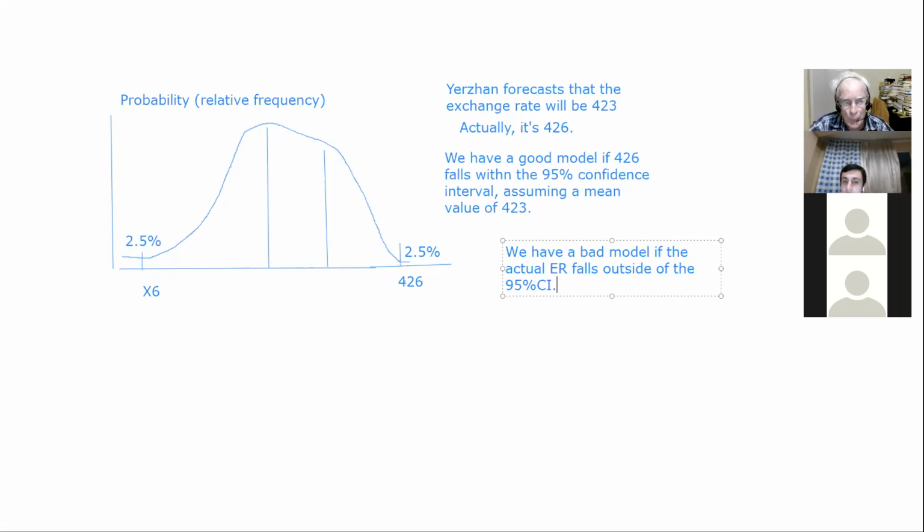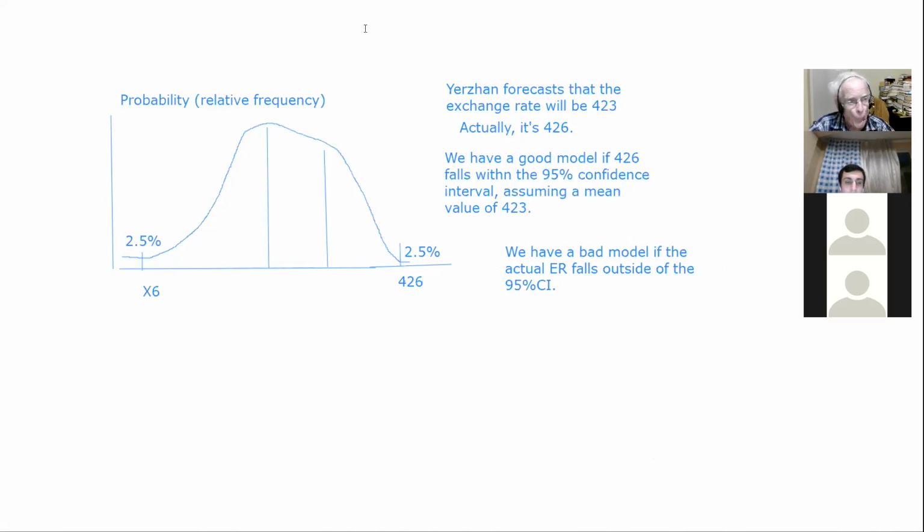But that's not what we want to know. We want to know whether or not the actual rate is close enough to our prediction to justify using the model in future forecasts.